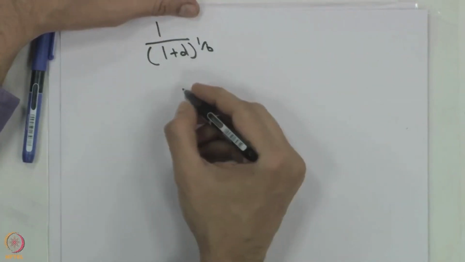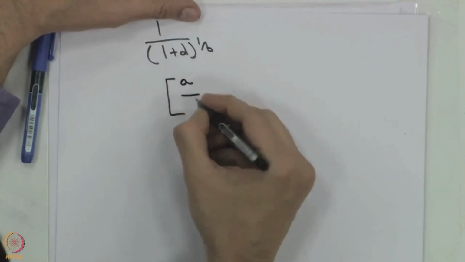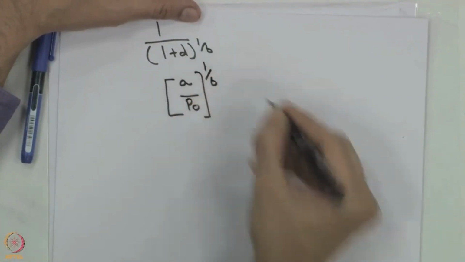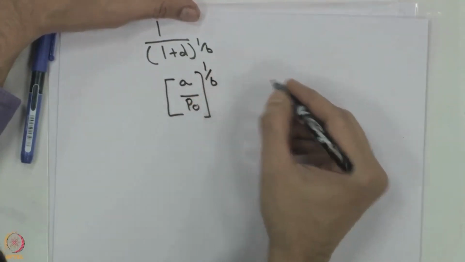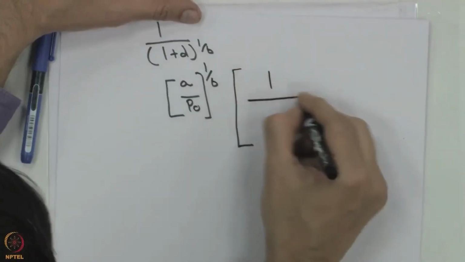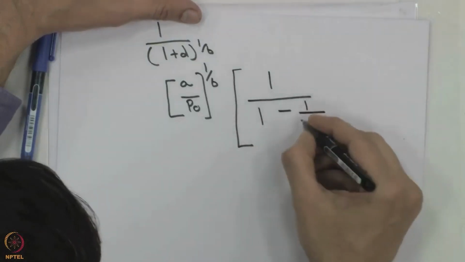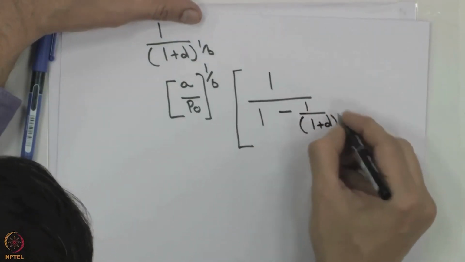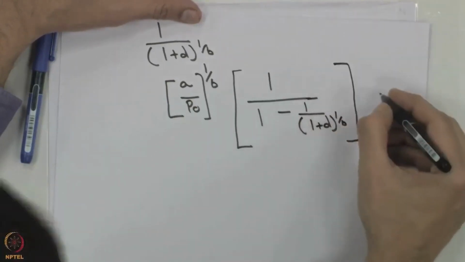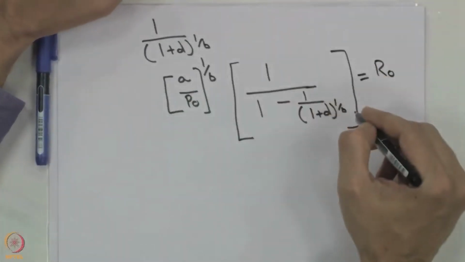So, this sum is going to be equal to the expression that we got, A by p0 raised to 1 by B, into 1 by 1 minus r, where r is nothing but 1 by (1 plus d) raised to 1 by B, and this term will be equal to R0. You can convince yourself that this is true.